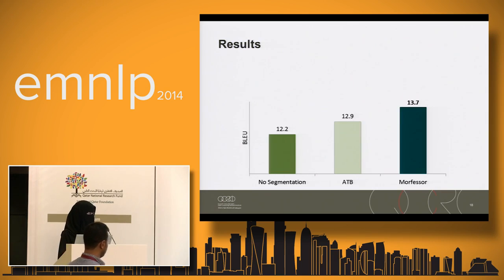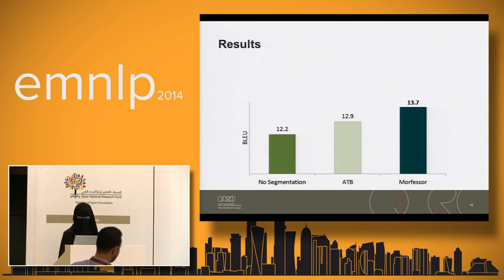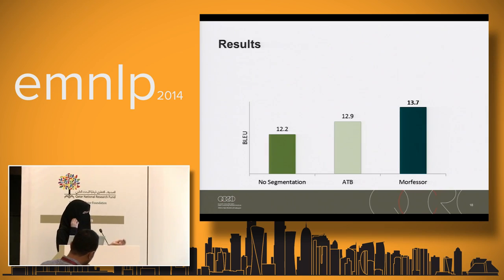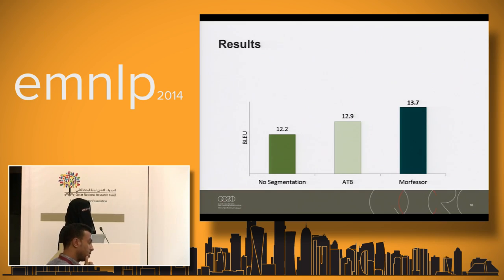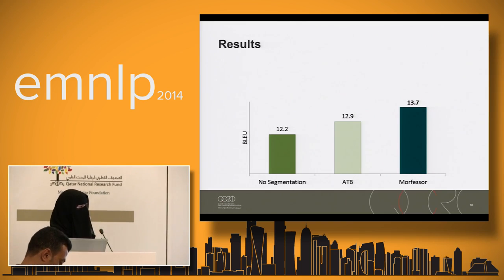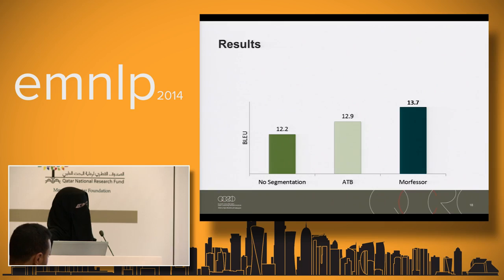And how much training data did you have? Okay, so for our baseline, we used an available corpus, which contains 14,000 sentences. We used 1,000 for development and 1,000 for testing, and the rest for the training.